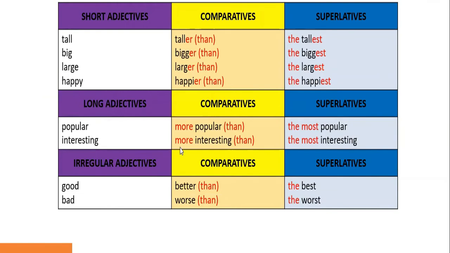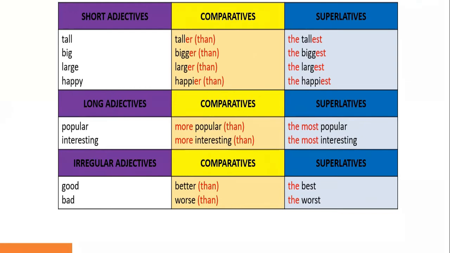Interesting. It has 3 syllables, so we have to add more before it, yes? And we add than. Than is always written in the comparative forms. Now, the superlatives. Instead of adding EST at the end of the word, we have to write most before the word.